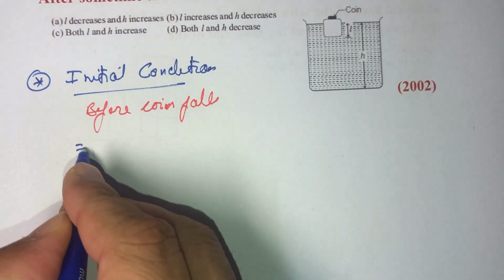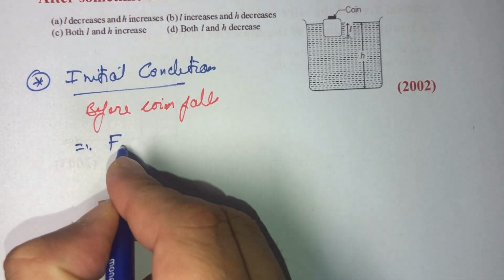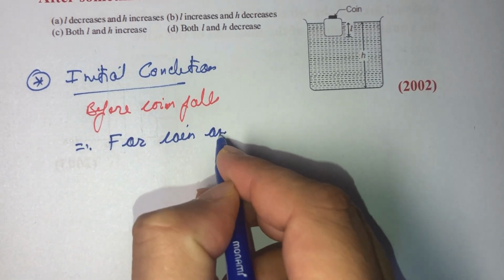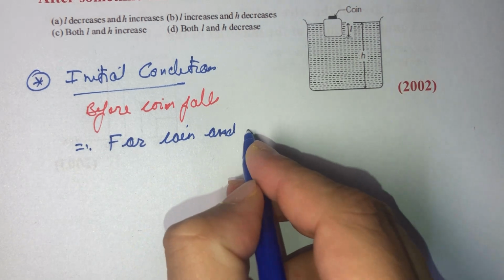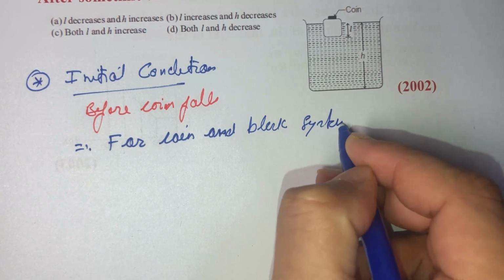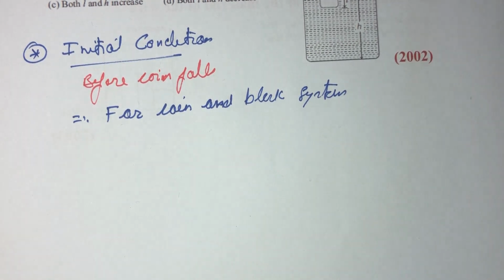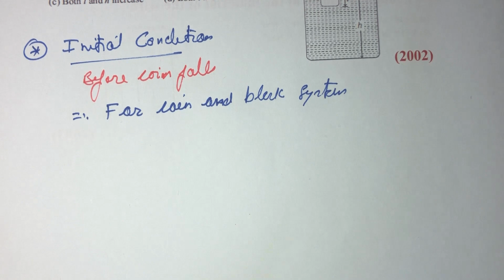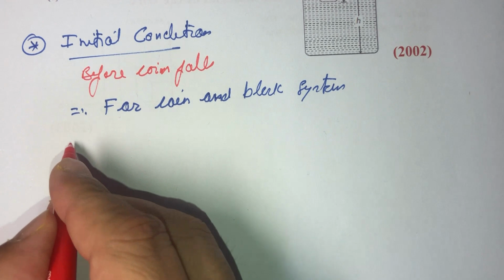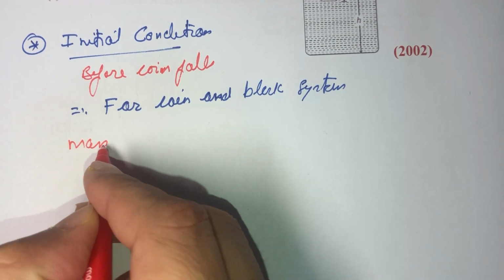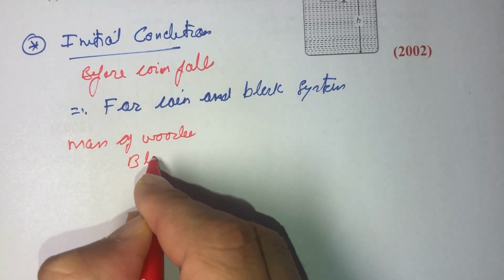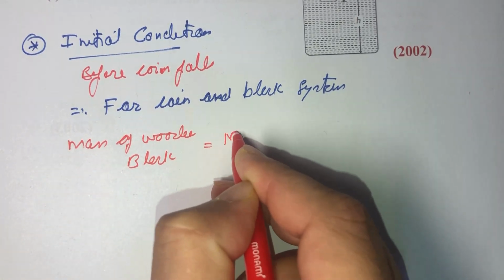So for the coin and block system, we write some of the parameters associated with the wooden block as well as the coin. Mass of the wooden block, let us suppose, is given as capital M. Density of the wooden block is given as rho block.